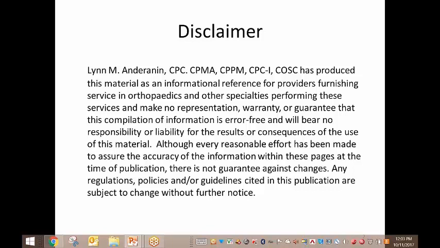We decided several years ago to just focus on orthopedics rather than trying to do multi-specialties. And so we've come to be known as the billing service for the orthopedic practices. In that, we also service all of the subspecialties that fall under orthopedics.